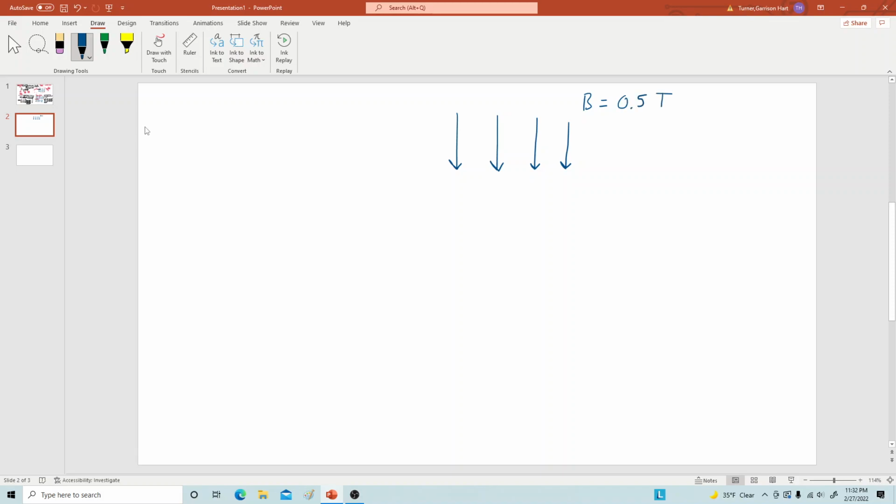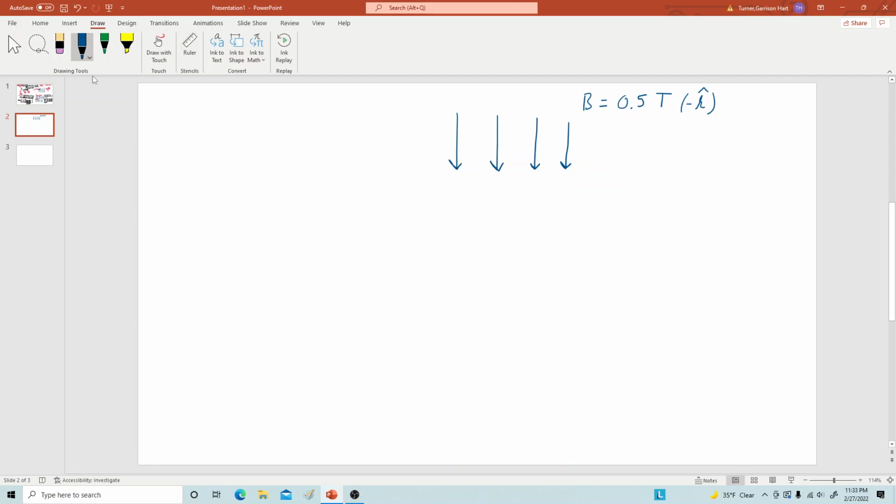The units on the magnetic field are the Tesla, and we will define the Tesla in just a little bit. But for the moment, just understand that the units on the magnetic field are Teslas. And this is going to be in the negative k direction.